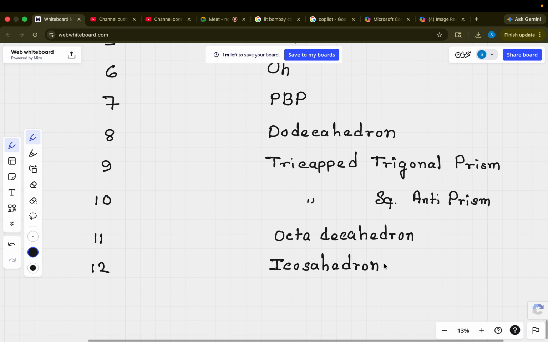Clear? So you have to just check the n value. N value means what? This value. Suppose BnHn, whole to the power anything. Suppose you have 2 minus. So this n value you have to check. Clear?